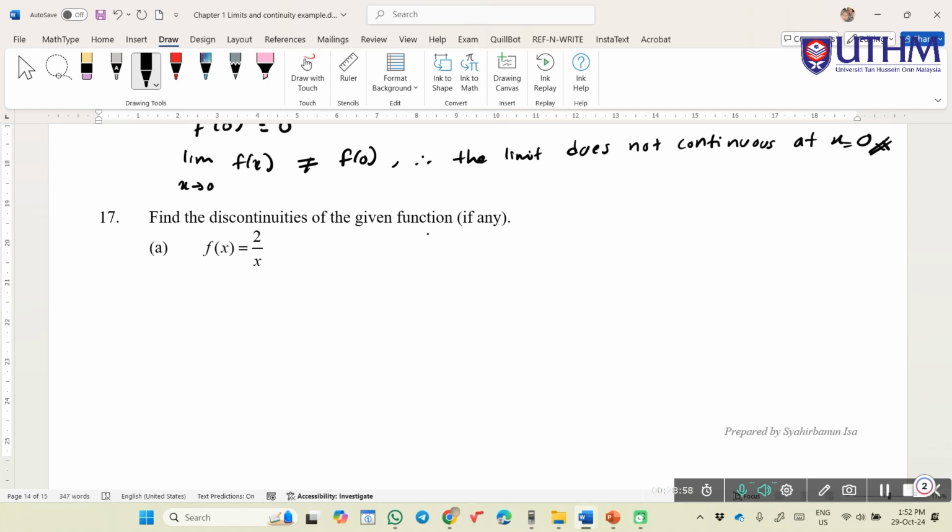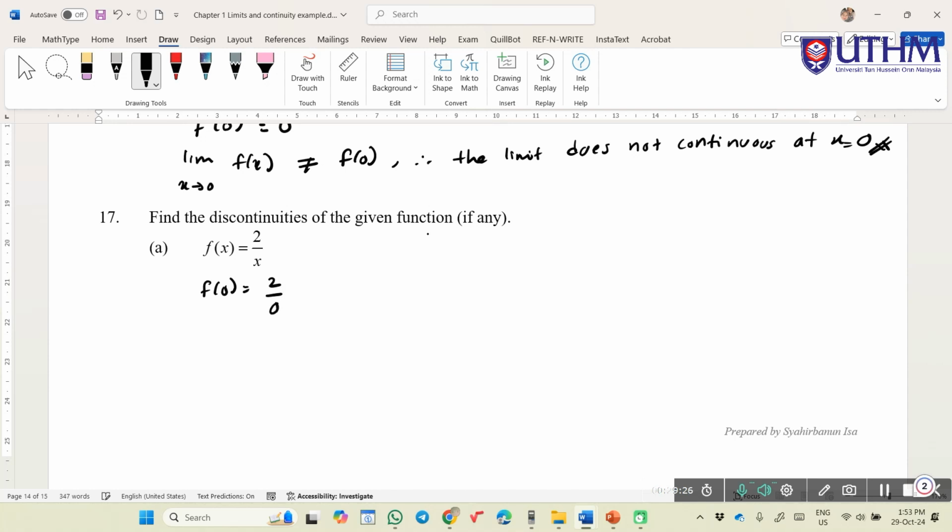Okay, for the first function, we have f(x) equal to 2 over x. So if we look at the function, the function is undefined when x equals 0. Why? Because when x equals 0, the function is 2 divided by 0.